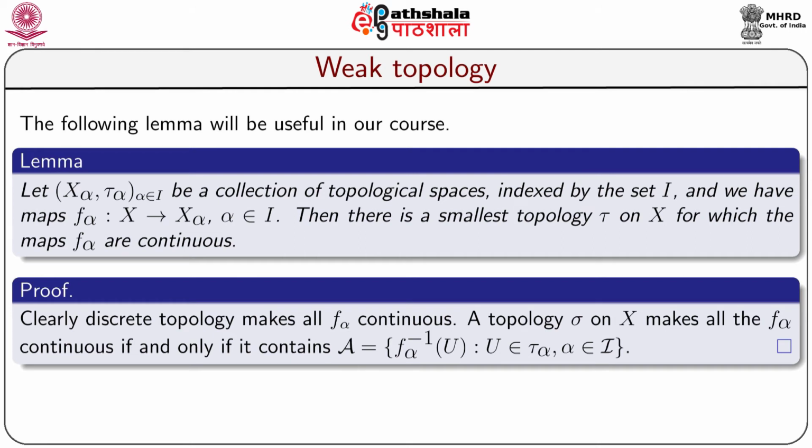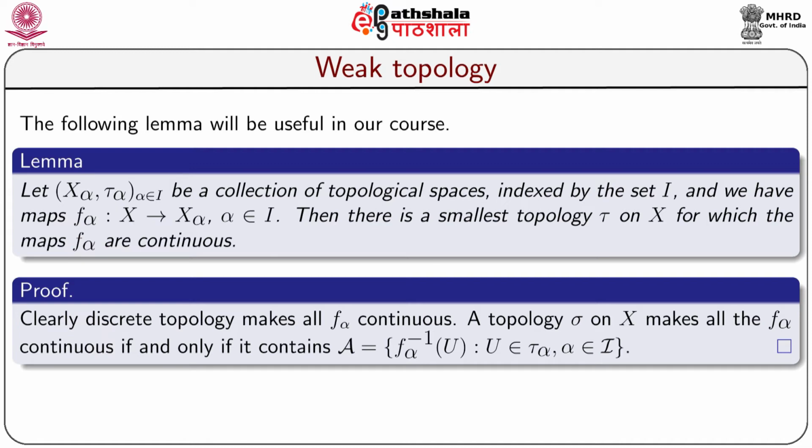Weak topology. Weak topology will be helpful for us in the future course, but let us define it here. Lemma: let (X alpha, tau alpha) be a collection of sets where alpha belongs to I, an index set, and we are given a collection of maps f alpha from X to X alpha such that alpha belongs to I. Then there is a smallest topology tau on X for which the maps f alpha are continuous.